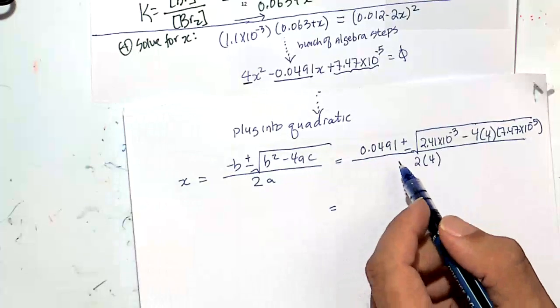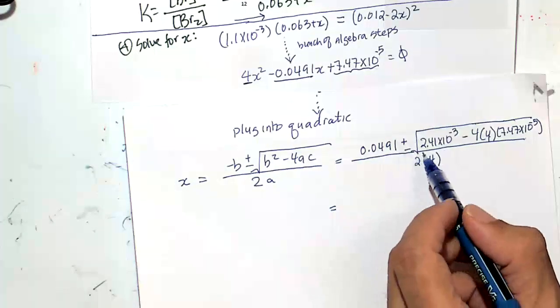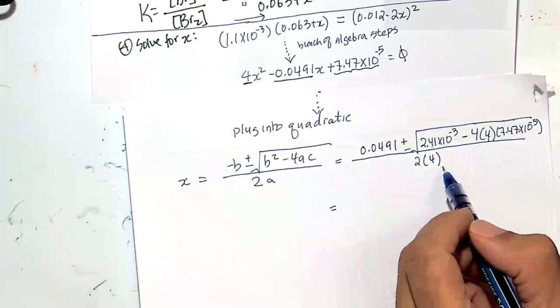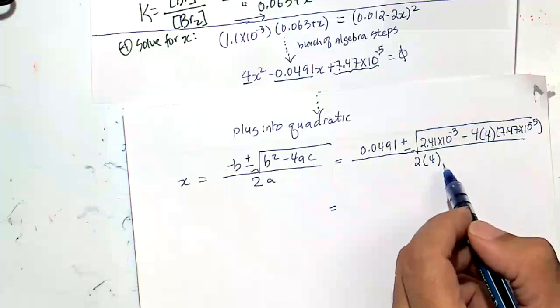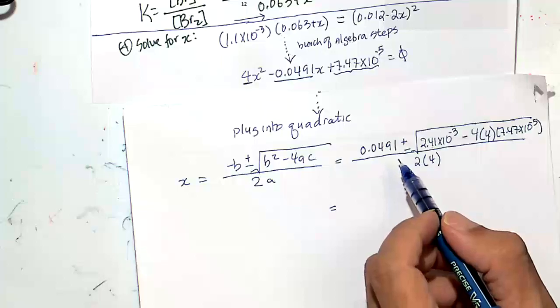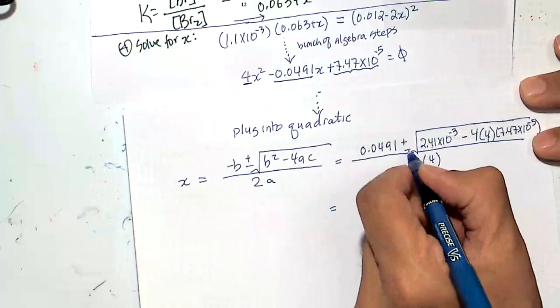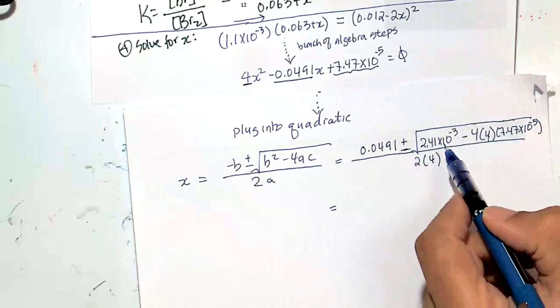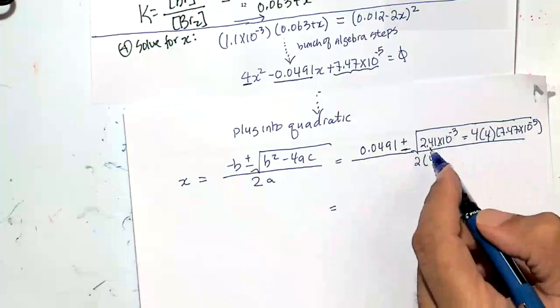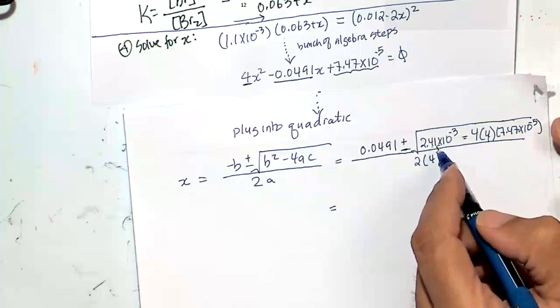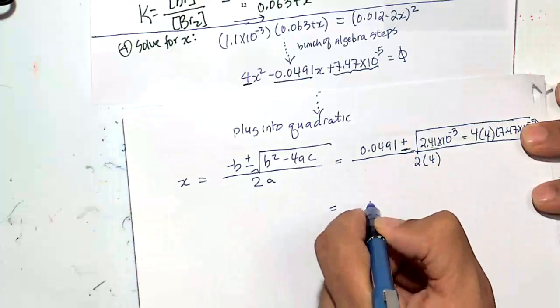Okay, so when I do that, I'll get 0.0491 plus the square root of all of this, divided by 8. That's one answer. And then I'll get another answer, which is 0.0491 minus the square root of this, all divided by 8. And I'll get two answers.